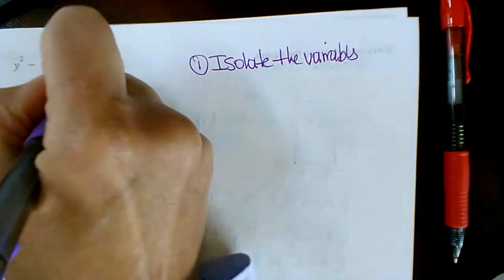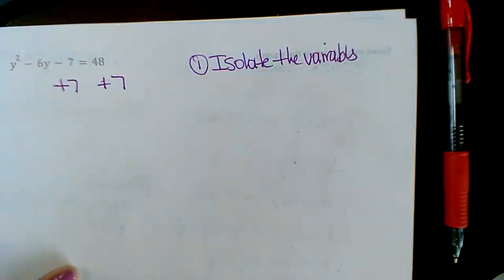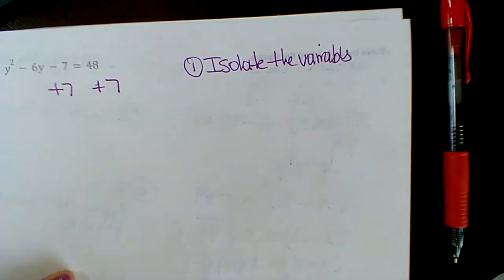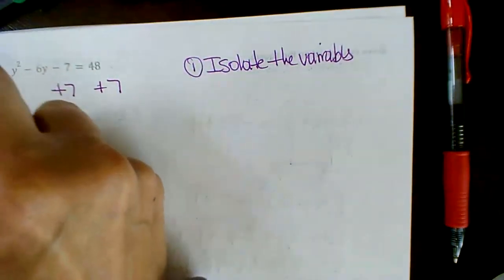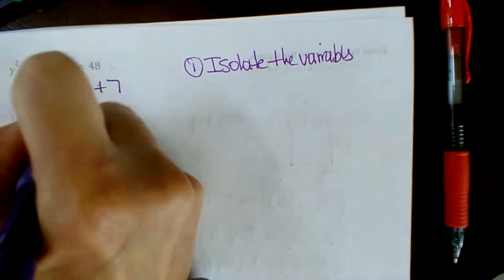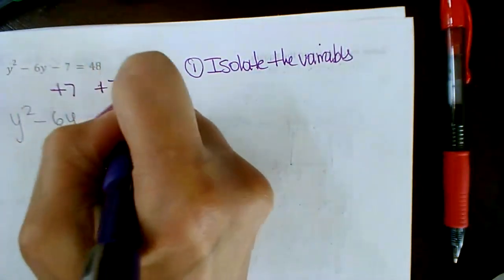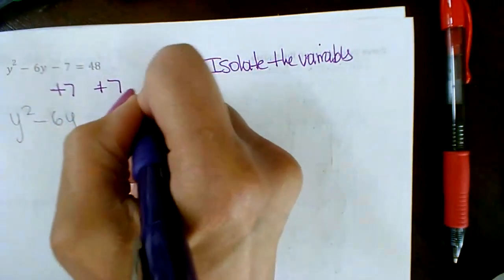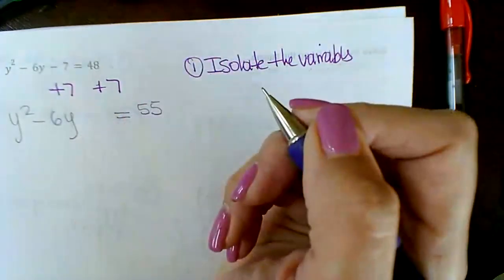So I'm going to be adding 7 on both sides. So this is going to be y squared minus 6y equals 48 plus 7, which is 55.